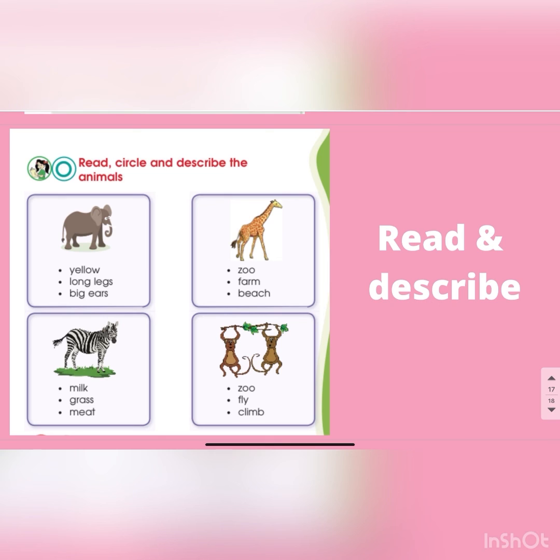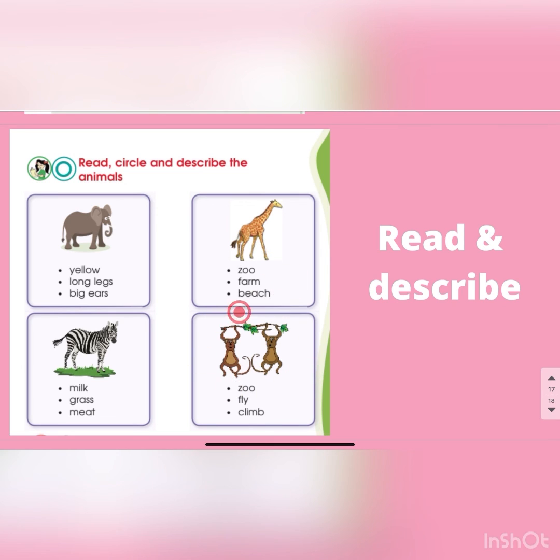So they will match the picture with the guide words, and they will describe the animals. When they are describing the animals or the picture, they are practicing the speaking skill after reading words. So here I have yellow, long legs, big ears, milk, grass, meat, zoo, fly, climb, zoo, farm, beach.